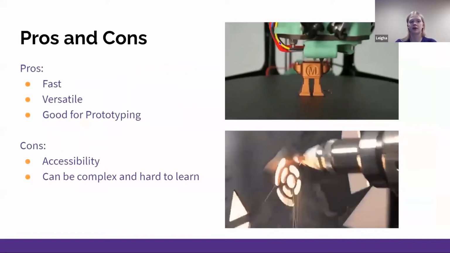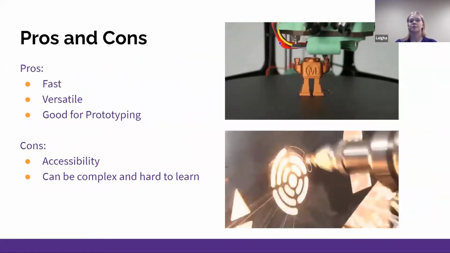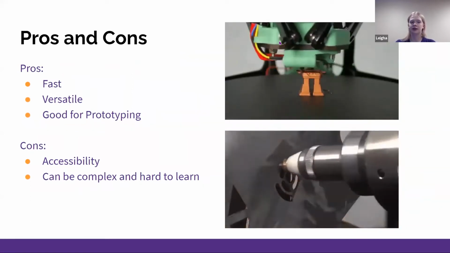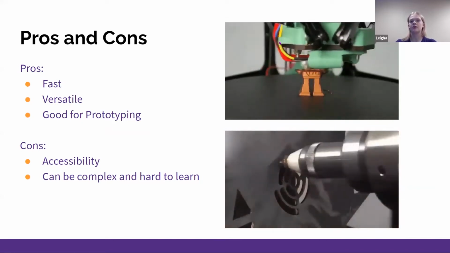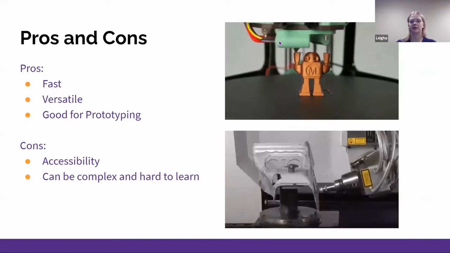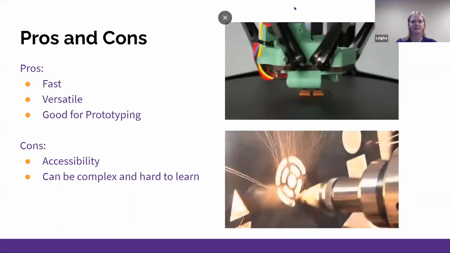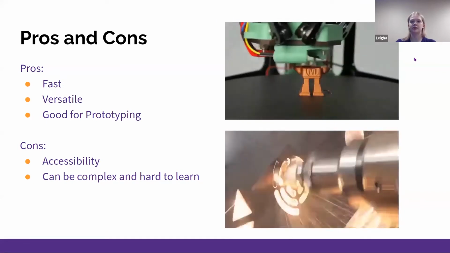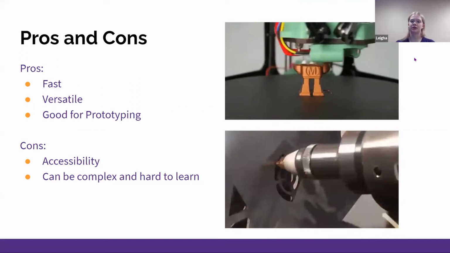So what are the pros and cons of creating CAD? It's pretty fast. You can make whatever you'd like quickly and easily online. It's also very versatile. Pretty much whatever you can think of, you can make. And it's great for prototyping, because with CAD, there's a very clear difference between your iterations.